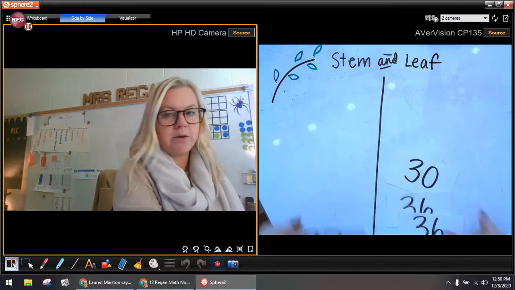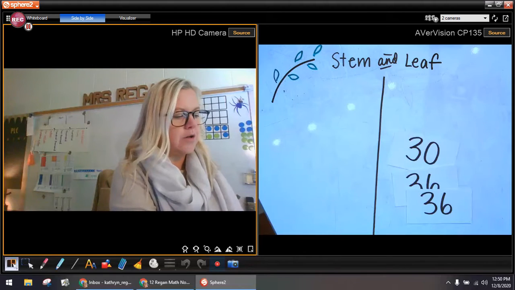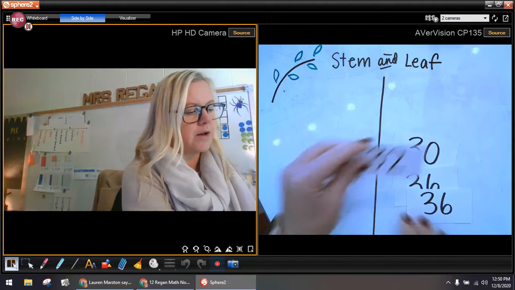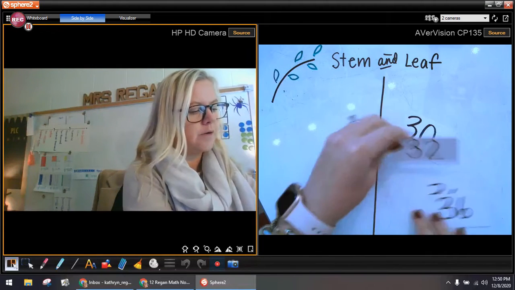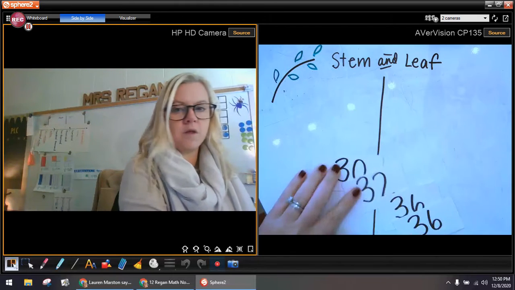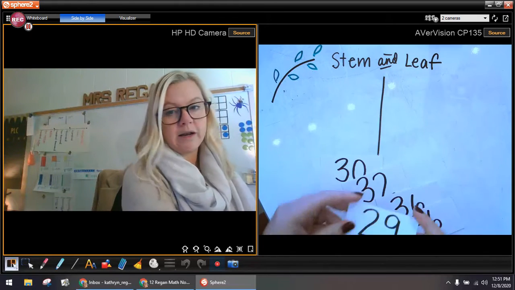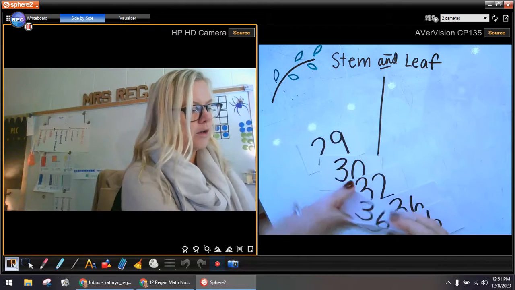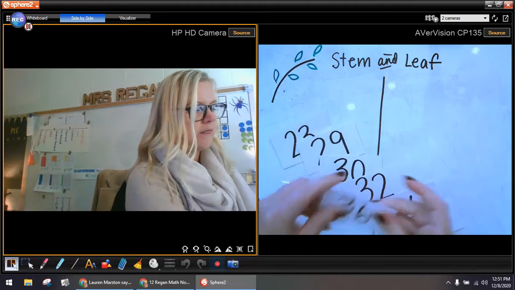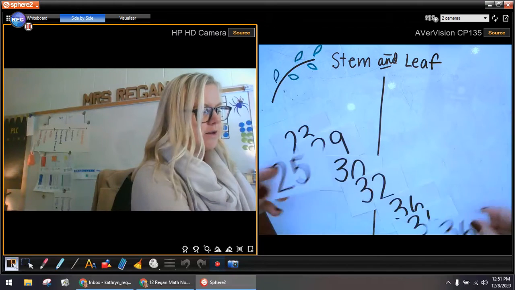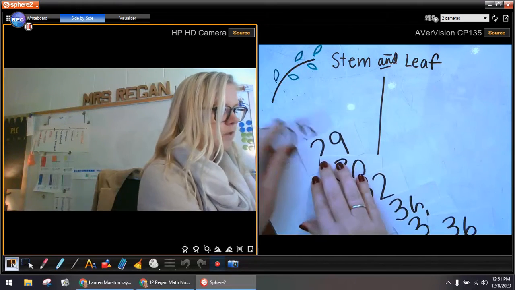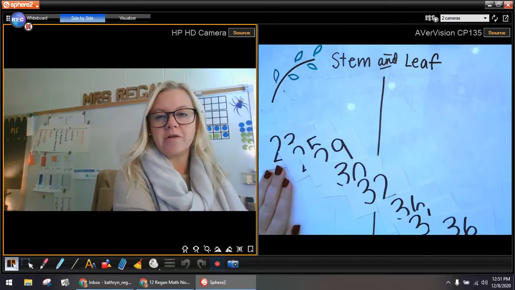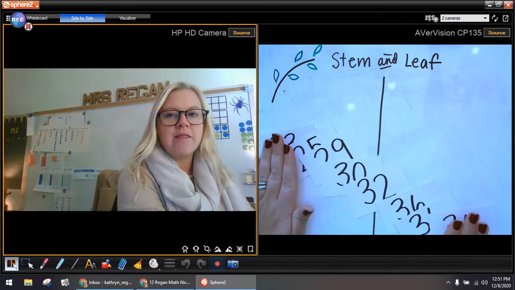Okay, even when you have some duplicate numbers there, 32 would come right up here in between. Okay, 29 in front of the 32, 23 in front of that 29, 36 back down here at the end, and 25.